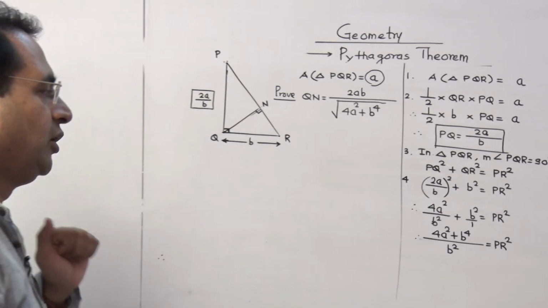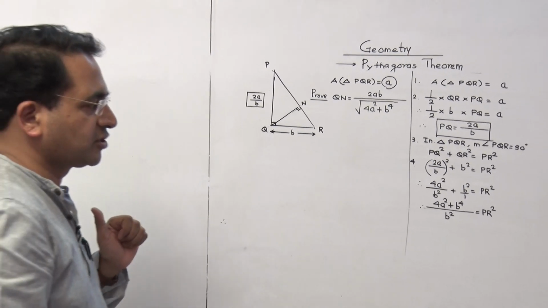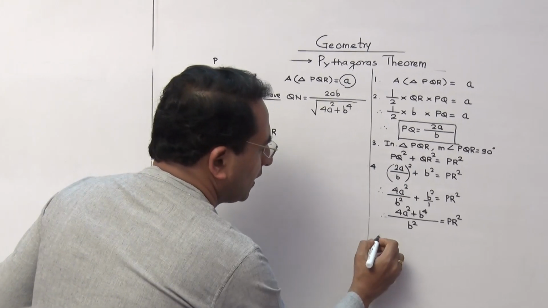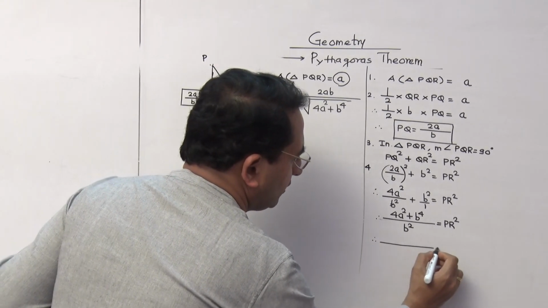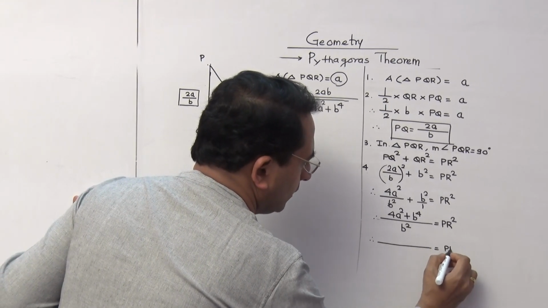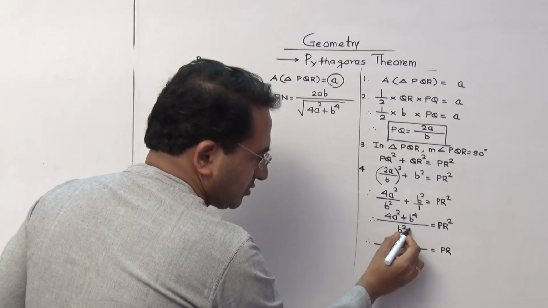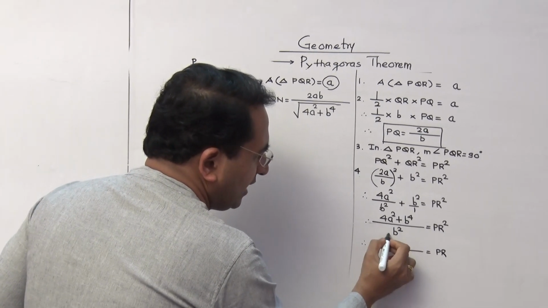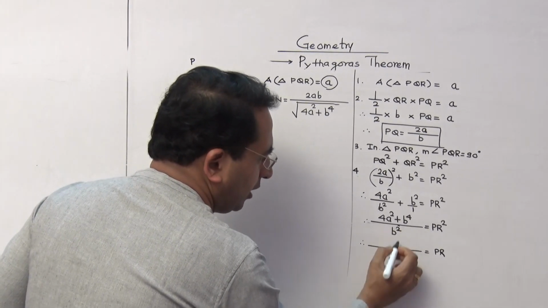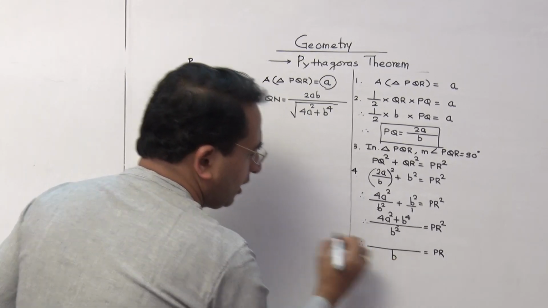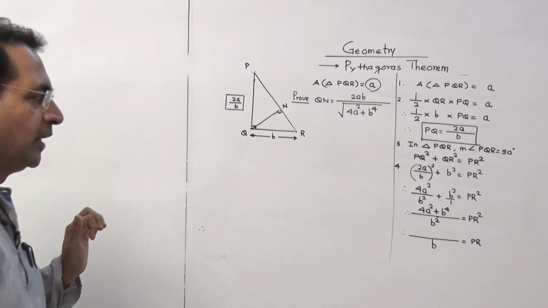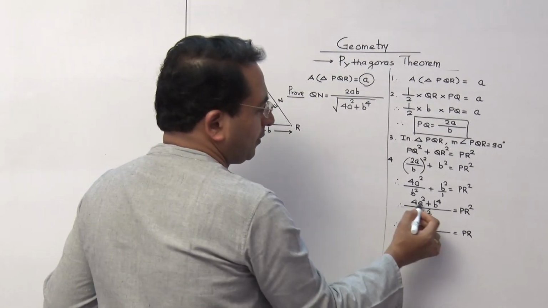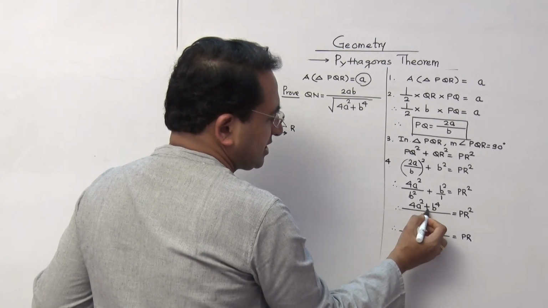Now how to find the value of PR? These are all perfect squares, but we cannot write the square root sign directly here. This, yes, we can take a square root, and it is only a single number available. So it is the square root of B square, that is B. Now, even if these are perfect squares, there is a plus sign in between.